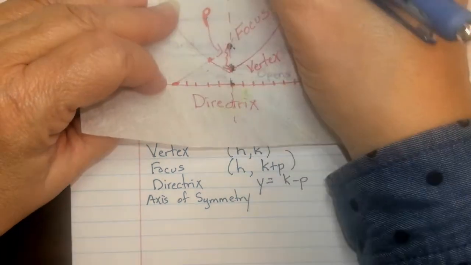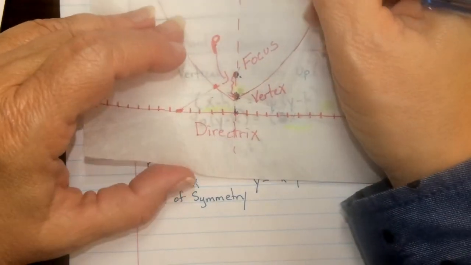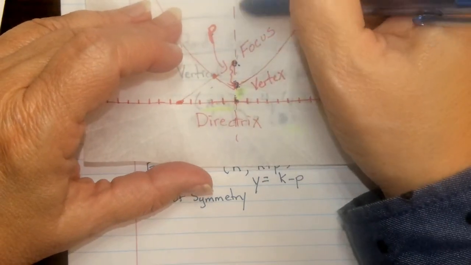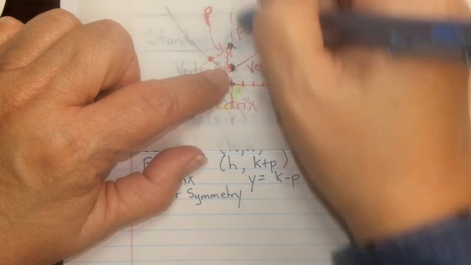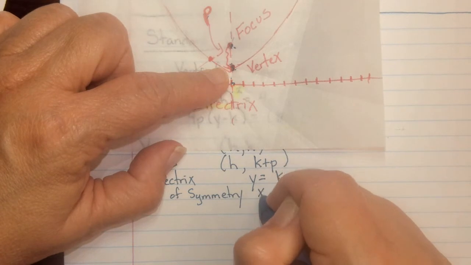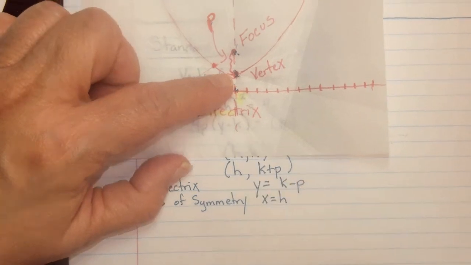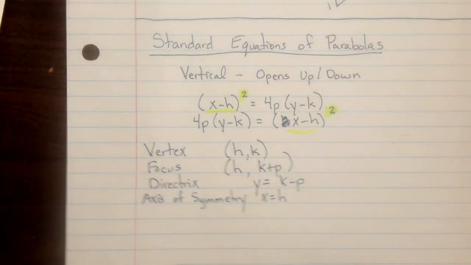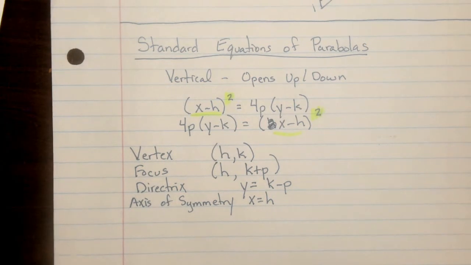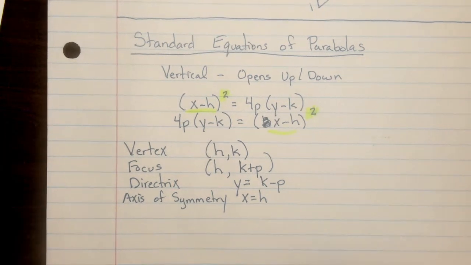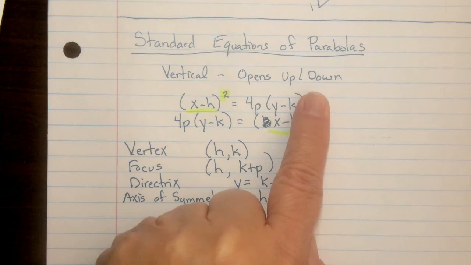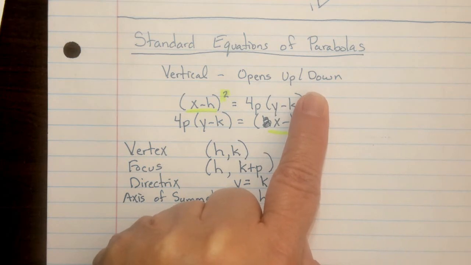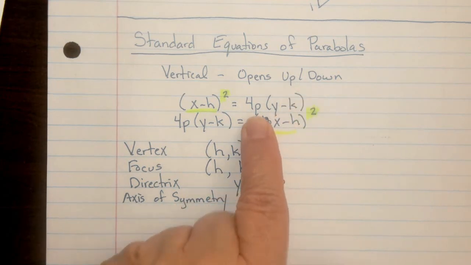Now, axis of symmetry is one you are probably familiar with from Algebra 2. The axis of symmetry goes right through the vertex, and it's a vertical line, so it's going to be x equals h. Sometimes parabolas open up, sometimes they open down. The way that you're going to tell is from the letter p.